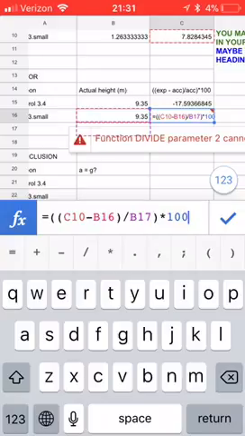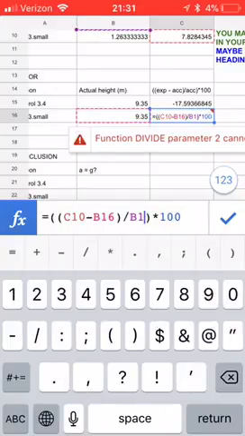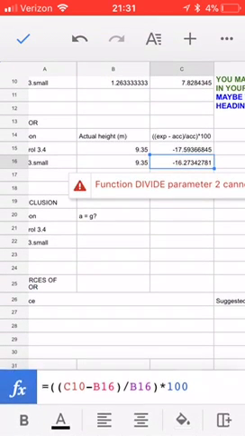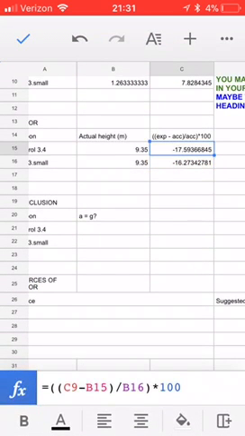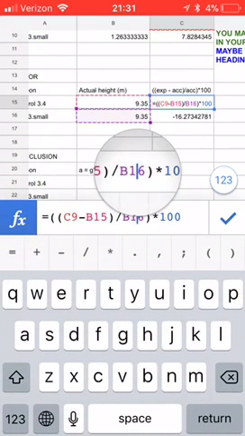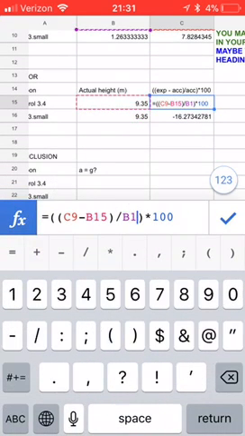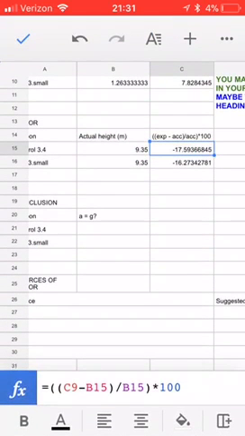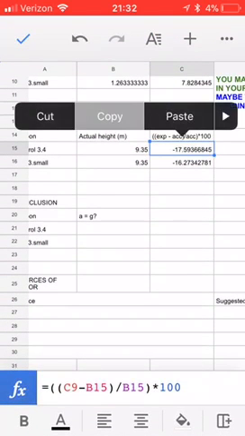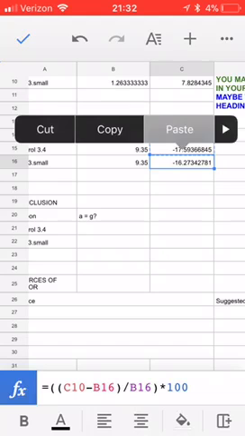So this one is B16. Good. Did I mess that up? Oh, I did. I meant for this to be B15 up here, not B16. Sorry about that. My mistake, B15, and then if you copy and paste that, it will be good.